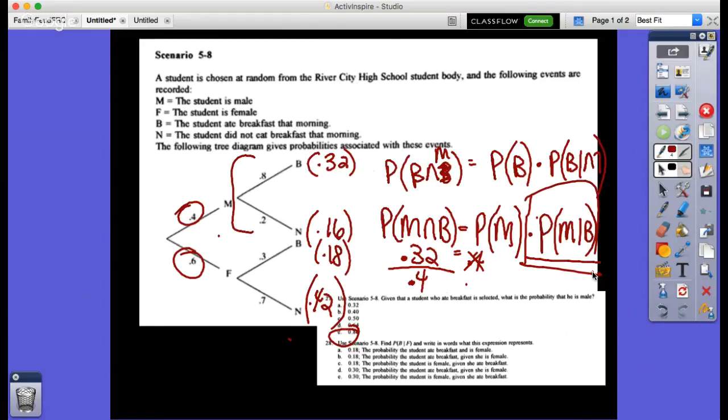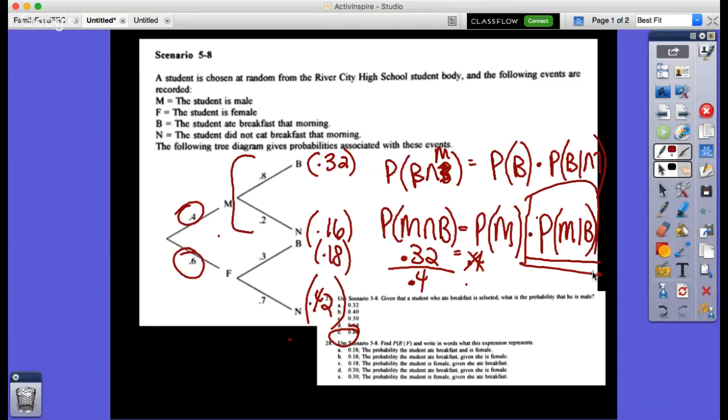It is 0.64. It is 0.64? It's like given that breakfast was served, which is 0.5, which is on the bottom of the division thing. What's the probability that he was male and ate breakfast? And that decimal was 0.32. 0.32 of the 0.5 are male. So that's why.